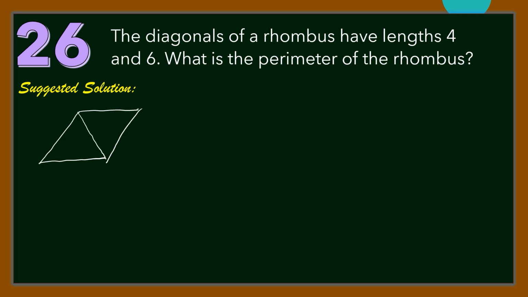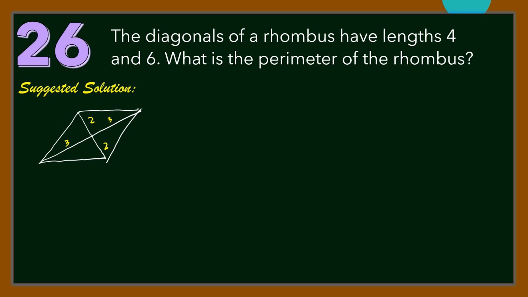So, if the shorter diagonal is 4 and the longer diagonal is 6, then the shorter diagonal is divided into two equal segments that are 2 units each. And the longer diagonal is divided into 2 equal segments that are 3 units each.